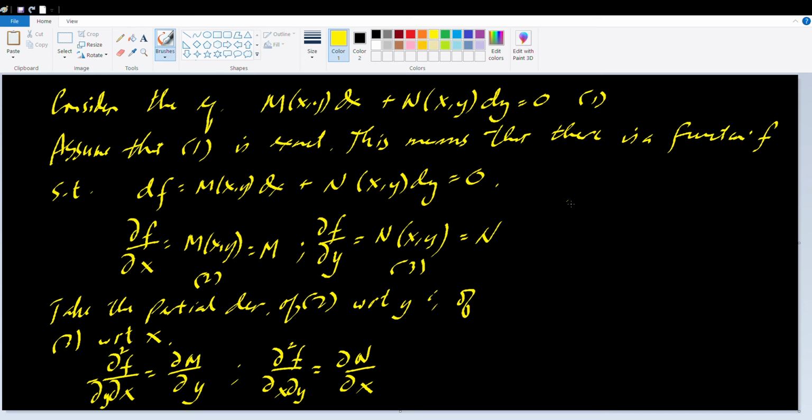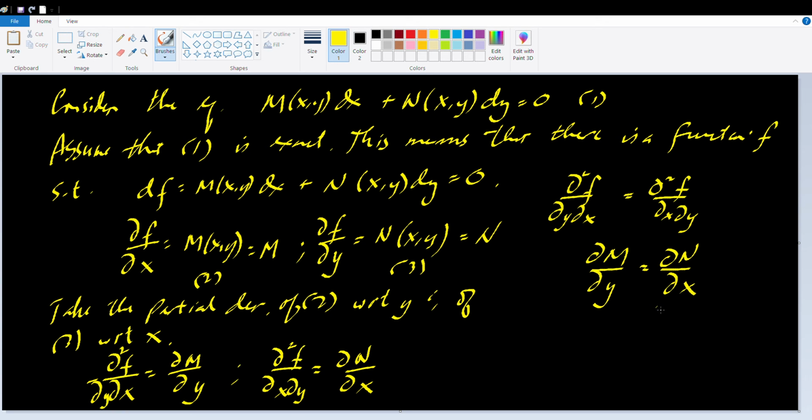But we know that the order of the second partial of f with respect to x and y has no bearing. The second partial of f with respect to y then x is the same as the second partial of f with respect to x then y. So this means that the partial of M with respect to y is equal to the partial of N with respect to x.